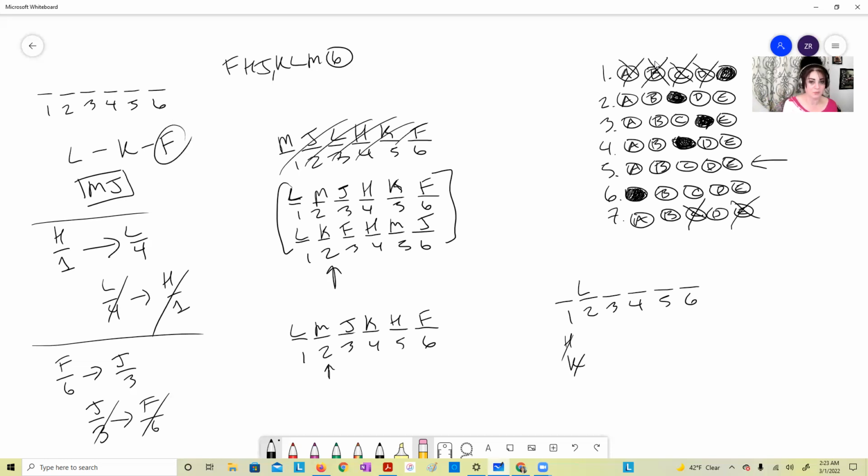Also, F can't be on 1 because F has 2 things come before it. What about M? M can't be on 1 because M needs to have J come after it. J can't be on 1 because then it would push M over the edge. So like literally this won't work. This way of doing things won't work. So that's why D is the correct answer for this one.